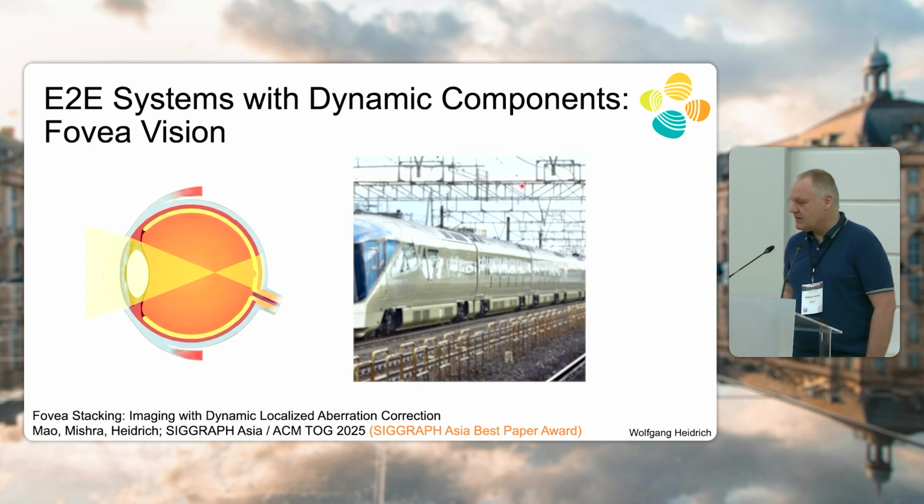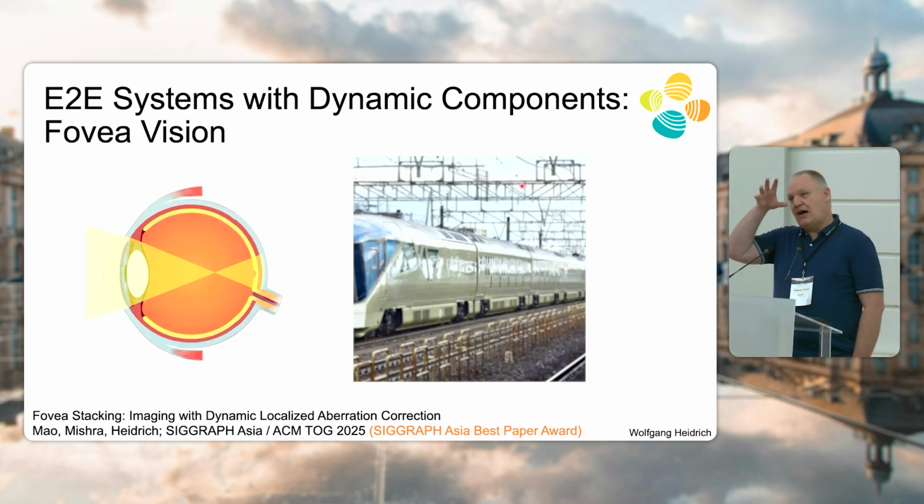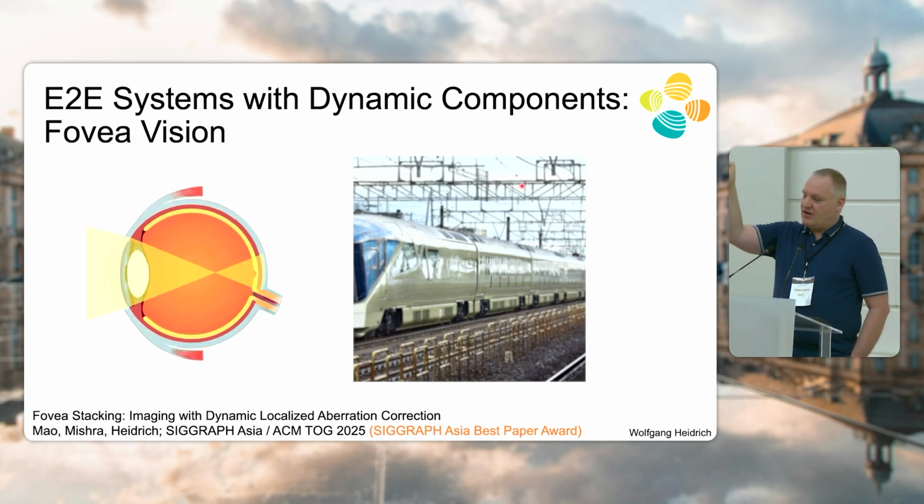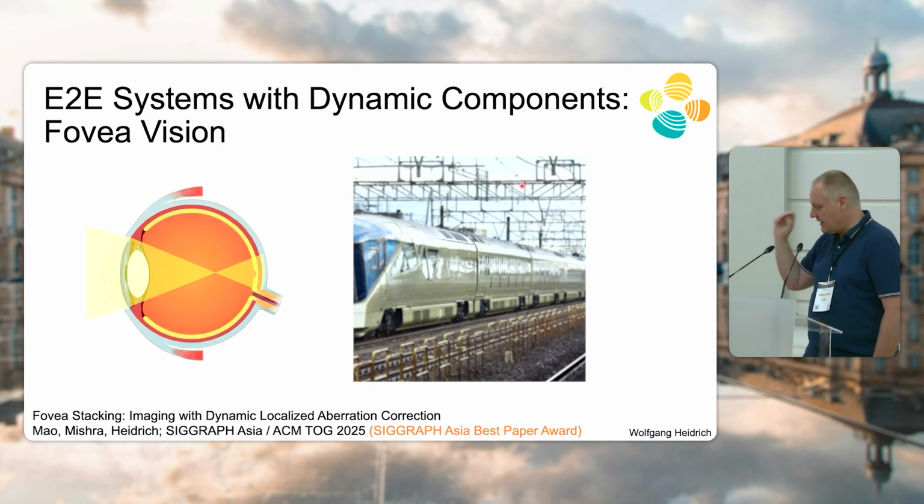This was a paper we presented last year at SIGGRAPH Asia, and it actually won the Best Paper Award there, about foveated imaging, right? Foveated imaging is that, as you know, your eye does not have uniformly high resolution, right? It basically scans across, and the fovea is the region where you have maximum resolution, and that's how you build up an image.